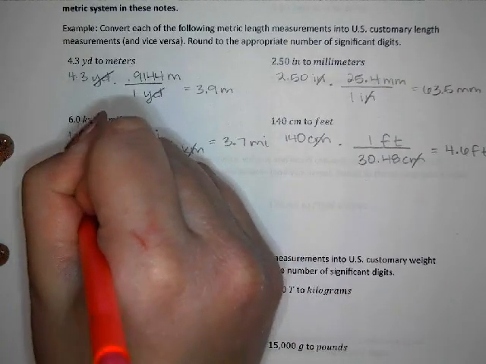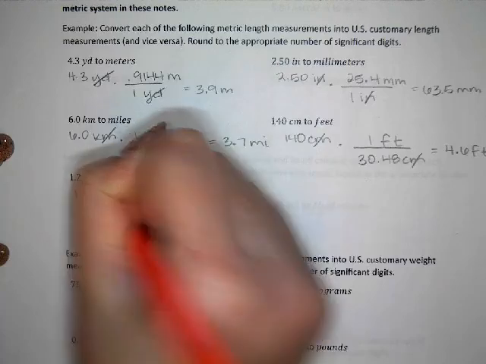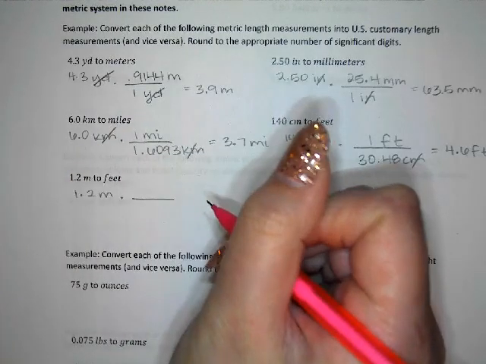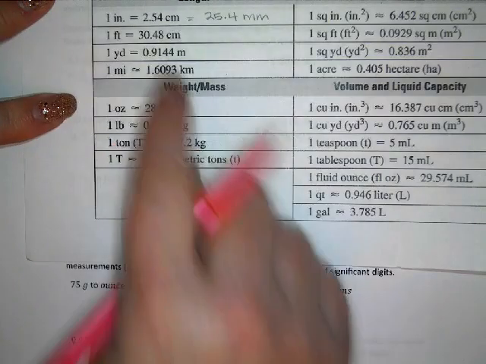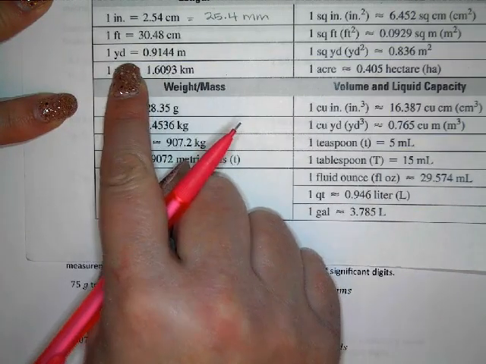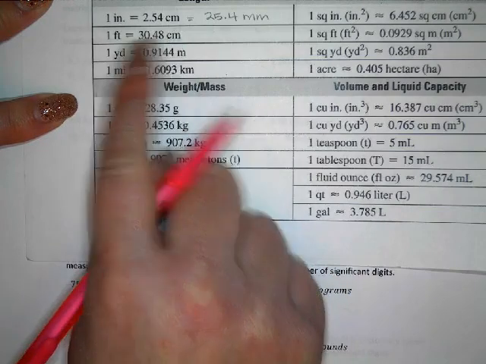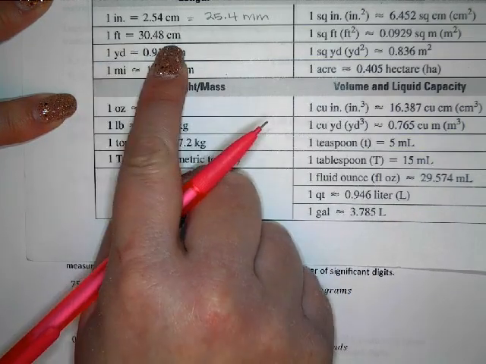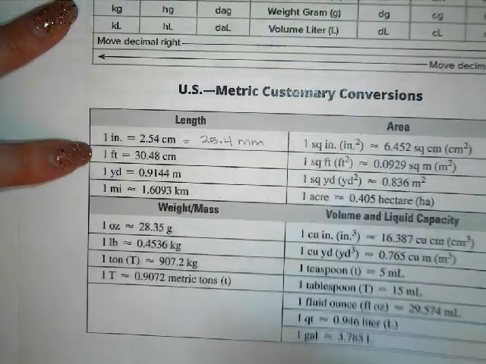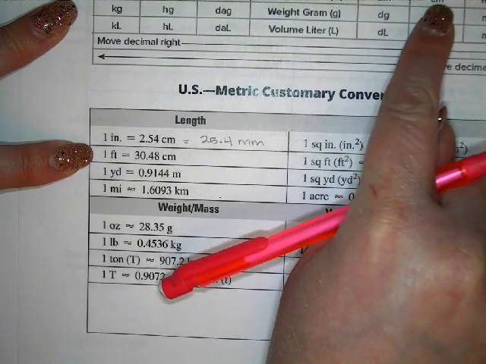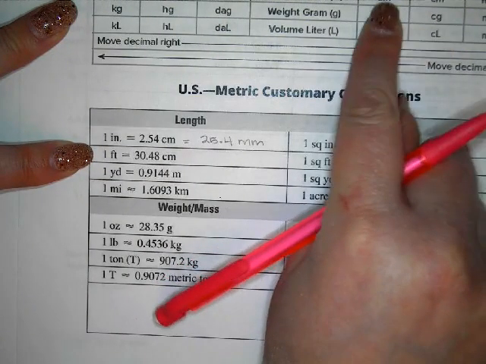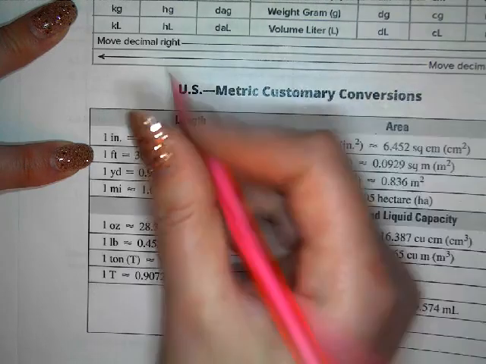1.2 meters to feet. I don't have meters to feet exactly, but I do have centimeters to feet, so I can convert this centimeters into meters. For centimeters, I'll move the decimal 2 places to the left to get meters.